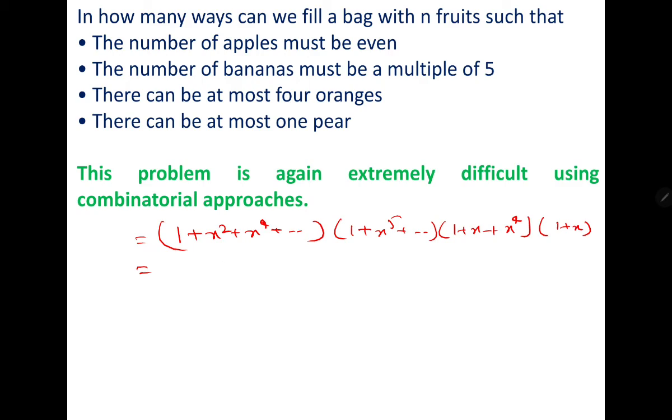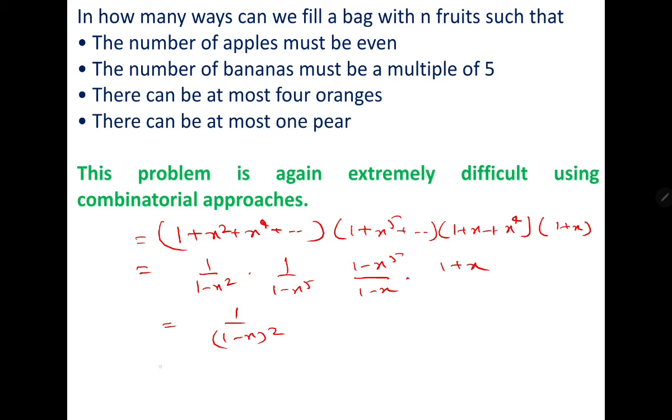Now for the first and second brackets, recall that 1 by (1 minus x) is 1 plus x plus x square, and so on. So this is 1 by (1 minus x square), this is 1 by (1 minus x raised to the power 5), this is (1 minus x raised to the power 5) by (1 minus x), and this is 1 plus x. It gets simplified to this one.